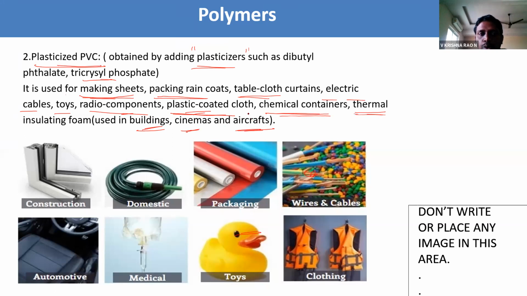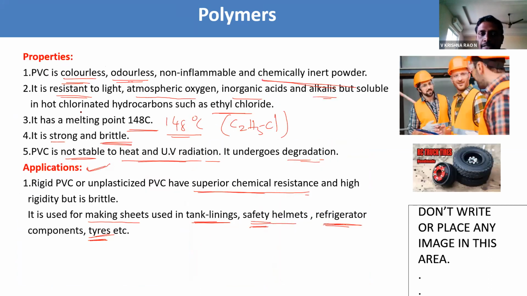These are the uses of plasticized PVCs, which are obtained by adding plasticizers such as tricresyl phosphate or dibutyl phthalate. These are the applications of plasticized and unplasticized PVCs.